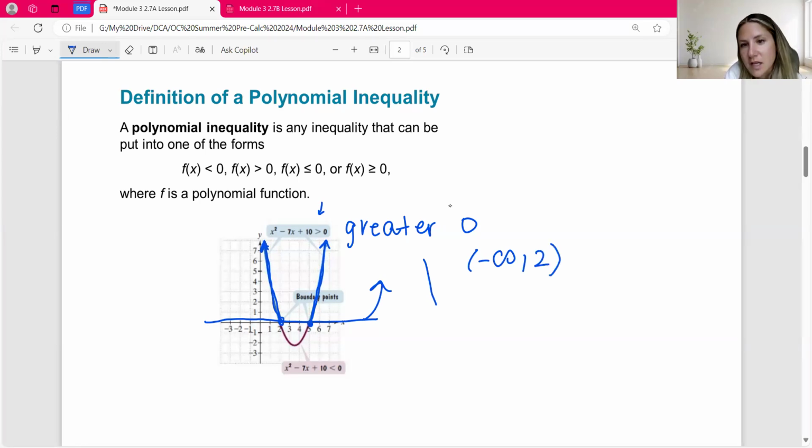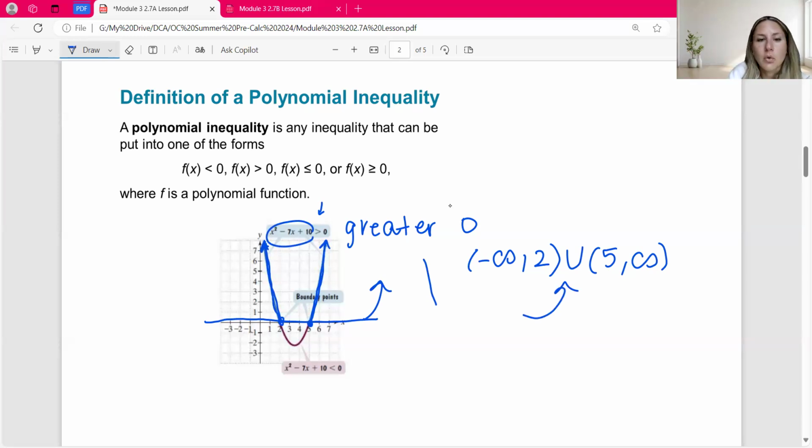So this is just an example of what our answers are going to look like in the examples we're going to do today. And then it's also greater than 0 from 5 to infinity when we write that in interval notation. So just to give you an idea of what our answers are going to look like, they're intervals.